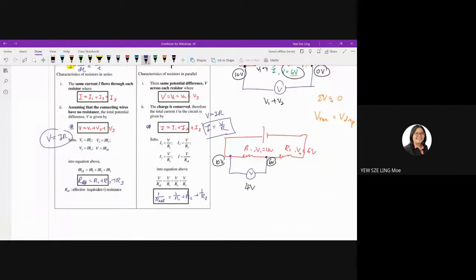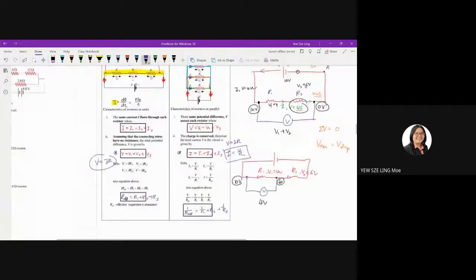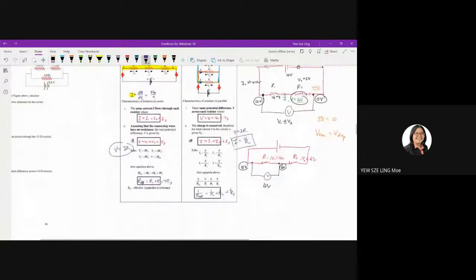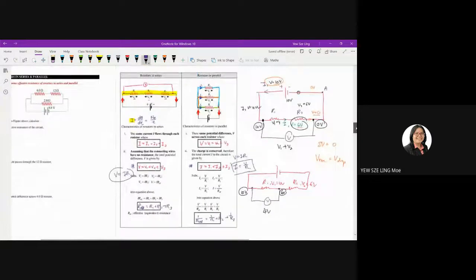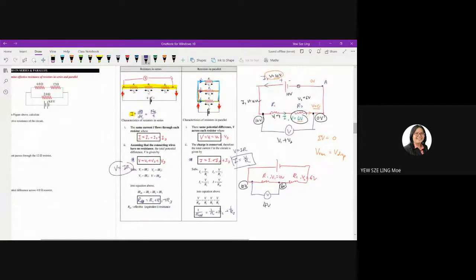When you look at resistors in series and also in parallel, there's a slight difference between resistors and capacitors. If you recall the things you learned in chapter 2, when you have capacitors in series, the equation is in fraction form.